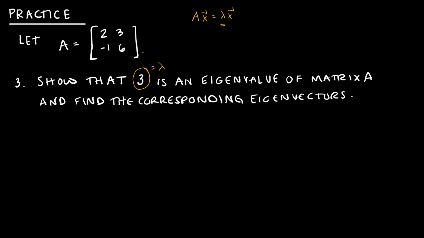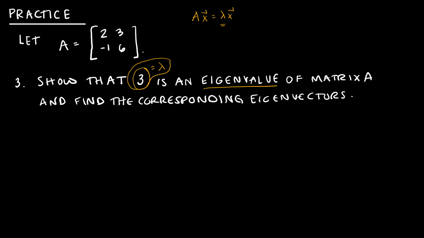Our very first practice, practice 1, used the same matrix A, and instead gave me a vector and asked if it is an eigenvector, and then we had to find an eigenvalue. This is the opposite of that. Here I'm giving you an eigenvalue, and we already know it's an eigenvalue because we did practice 1, but typically you won't know that and you would have to show that it was true.